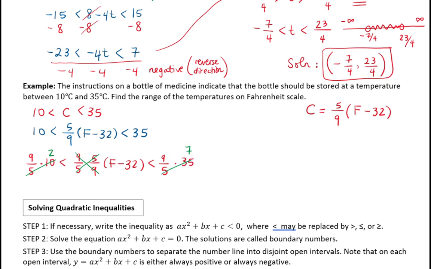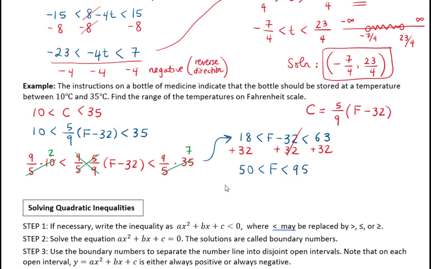So what we have from here is that 18 is less than F minus 32, and that's less than 7 times 9, which is 63. And the final step is you just add 32 to all three parts. So these two cancel, and we got the final answer: 50 is less than F, and that's less than 95.